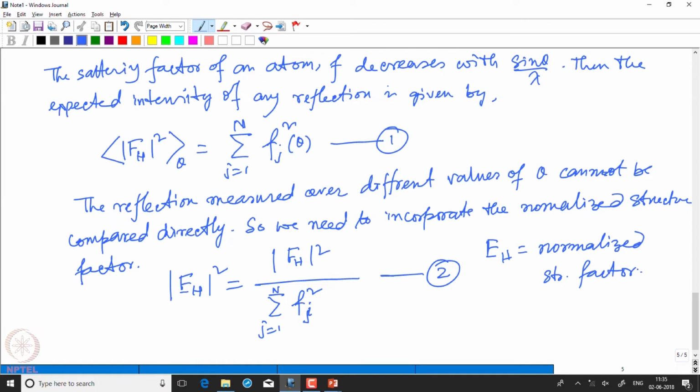So now if you compare equations 1 and 2, we can write that the expectation value for E_H square is equal to 1 for all the values of theta. It is independent of theta.